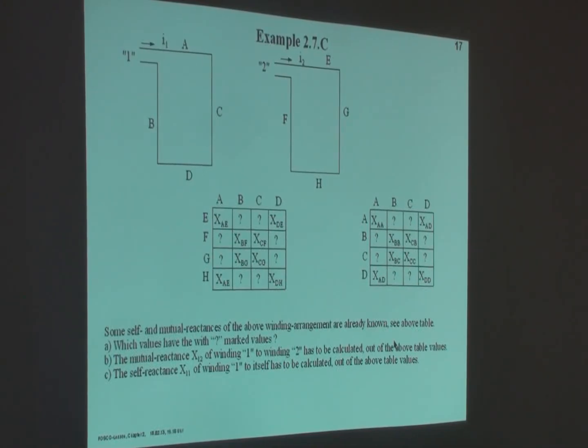And we have already the current direction for each conductor. So, x12 is XAE plus minus XAH.